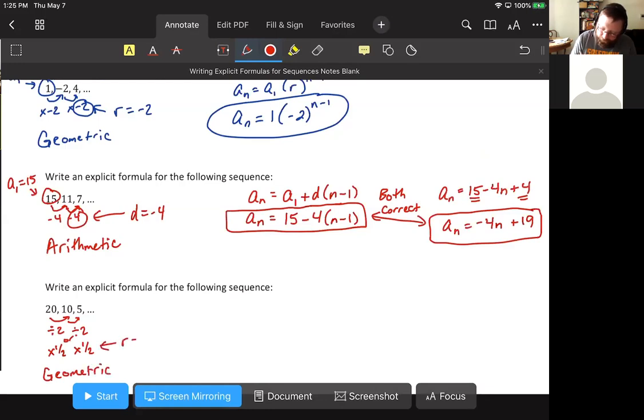R value is 1/2, because again, it has to be the value that you're multiplying by. It can't be the value you're dividing by. And our first term is 20. So A sub n is A sub 1 times R to the n minus 1 power. That would be 20 times 1/2 to the n minus 1.